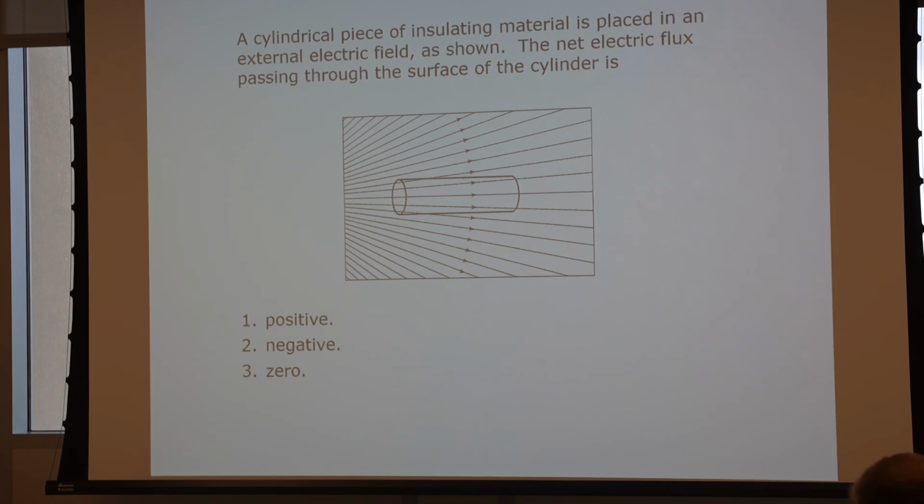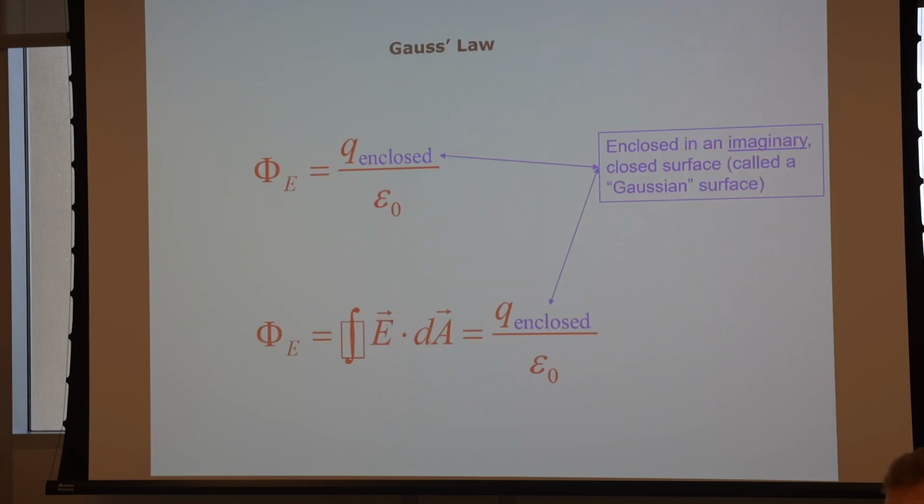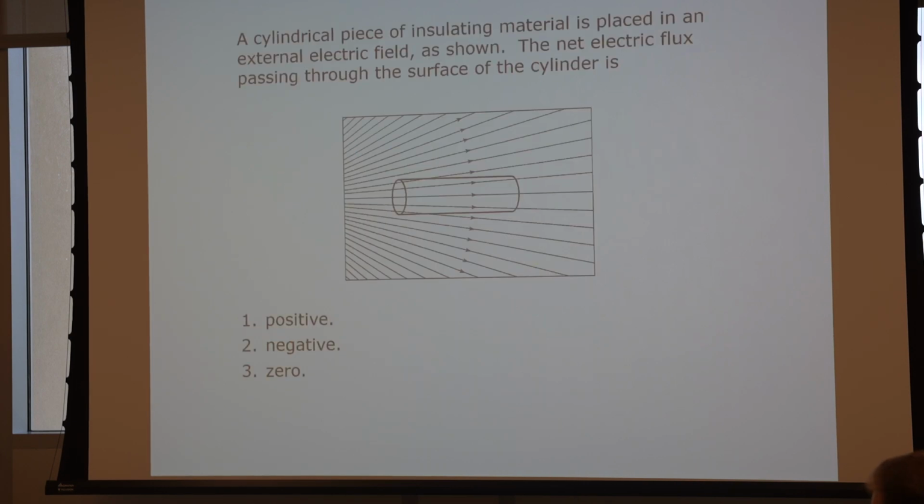What is the flux, the total flux passing through the surface of that closed cylinder? Let's vote, according to Mr. Gauss anyway. Now let me remind you, this is Gauss's law. The flux is the charge enclosed over epsilon 0. Okay, so why don't you guys argue with each other?